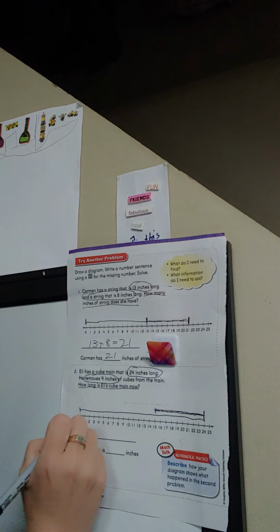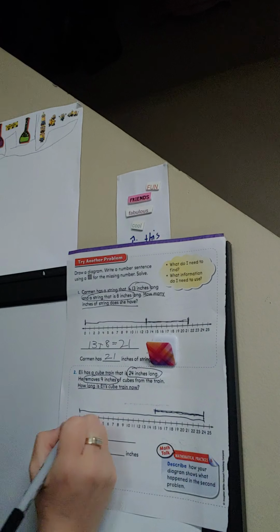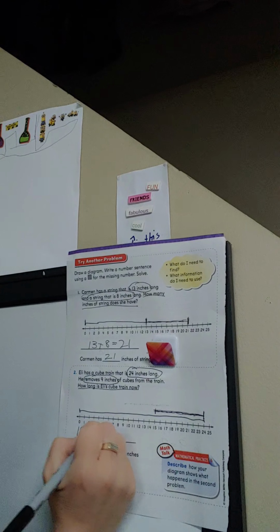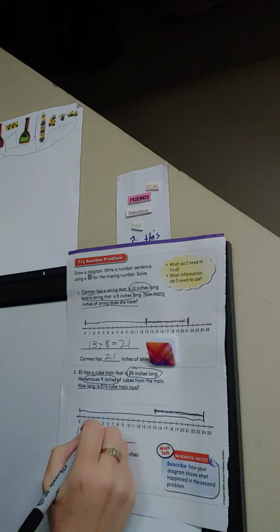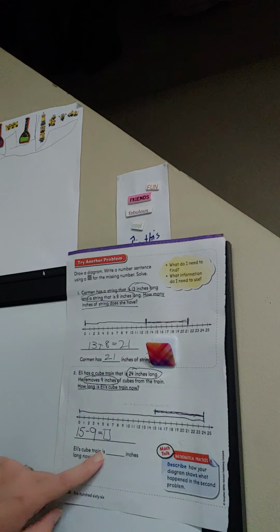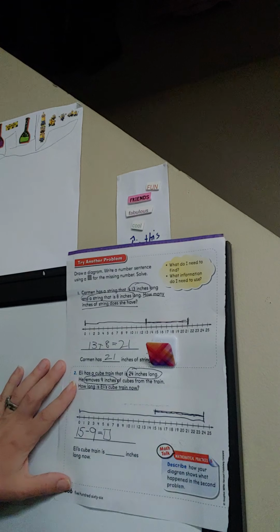Okay, so I'm just going to make my line a little bit straighter. So we can write in, and I was supposed to put a blank in over here. So I'll put that there now. And Eli's cube train is, oh, I'm sorry, this is 24.